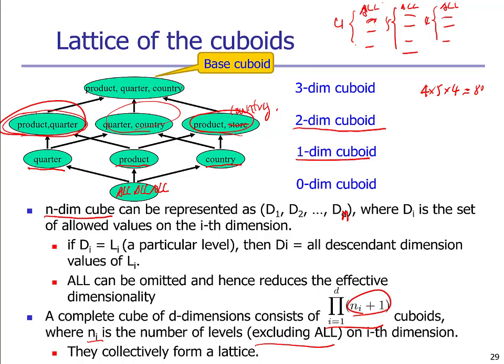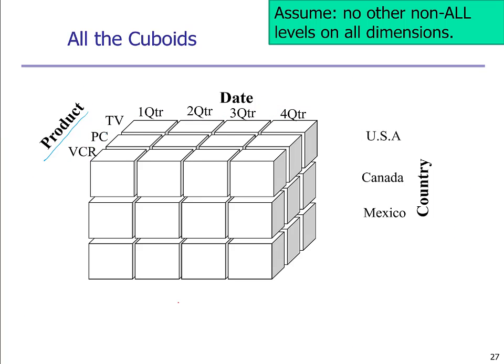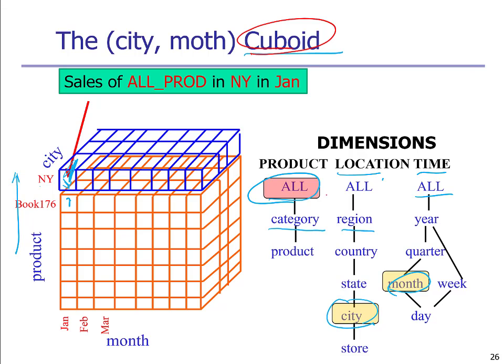Okay. So a particular cuboid corresponds to, say we have d dimensions here. For each dimension, we have a particular specific level, because of the hierarchy structure, for each dimension we may have more than one level.